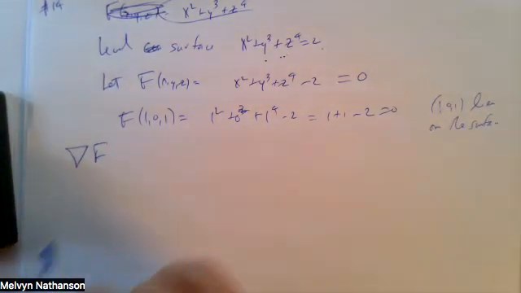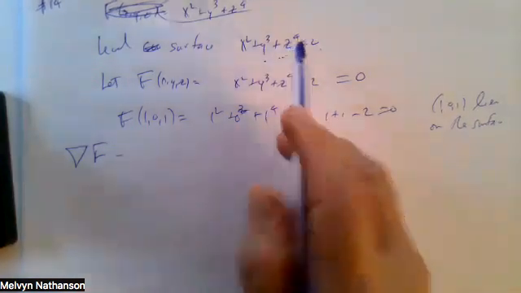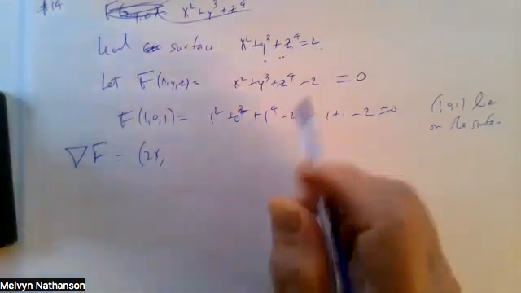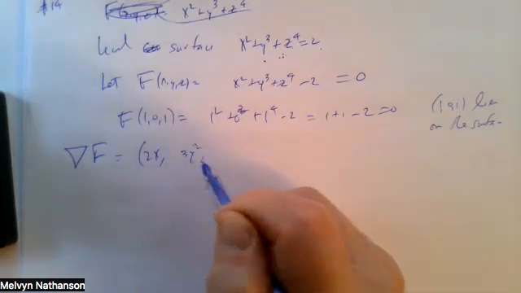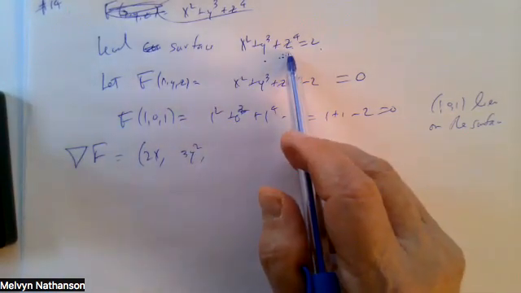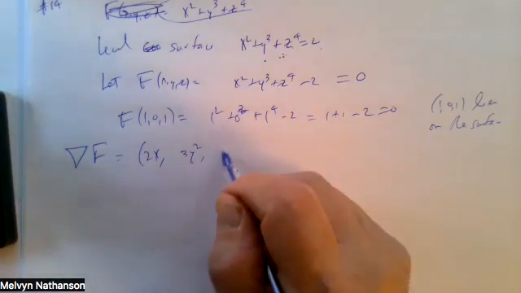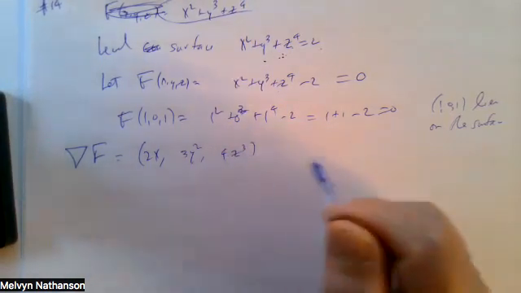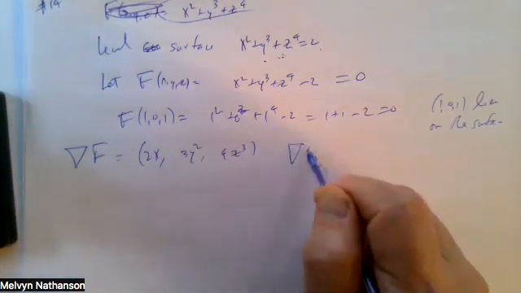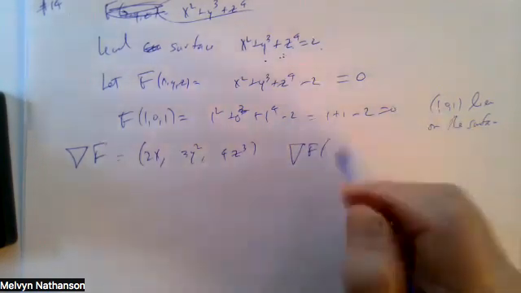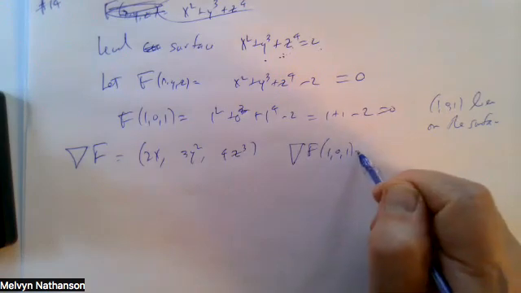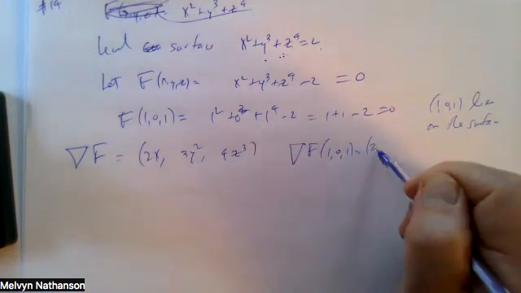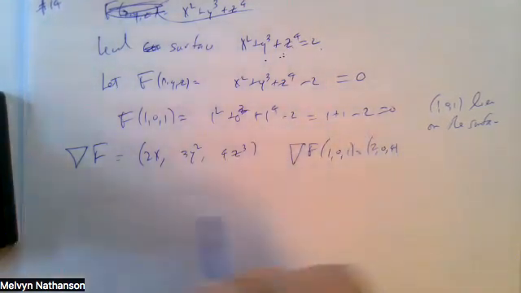What is the gradient of F? The partial with respect to x is 2x. The partial derivative with respect to y is 3y squared. The partial derivative with respect to z is 4z cubed. So the gradient of F at this point on the surface, 1, 0, 1, is 2, 0, 4.